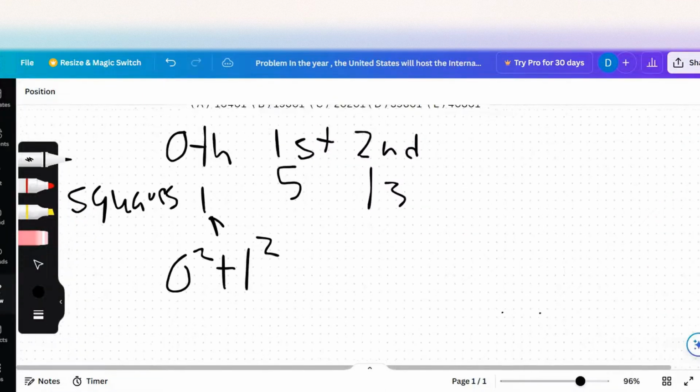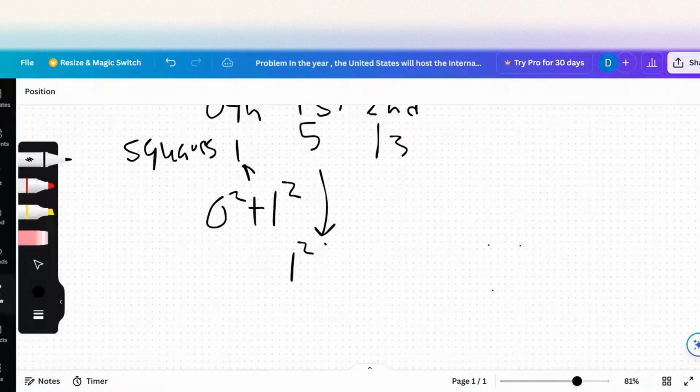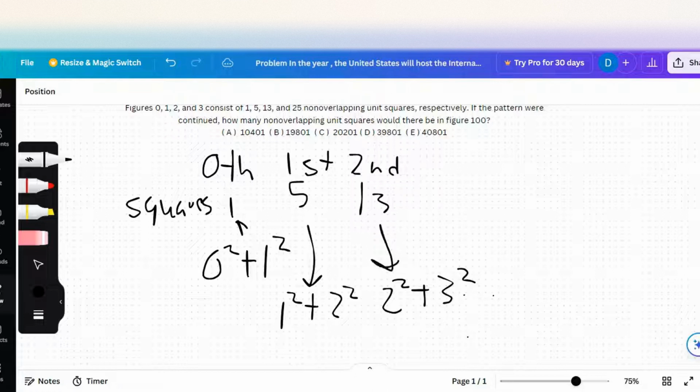And you'll see later why this makes sense. The second one we can set as 1 squared plus 2 squared, and that equals 5. And then we can set the third one as 2 squared plus 3 squared, which is 13 as well. So, do you see a pattern here?